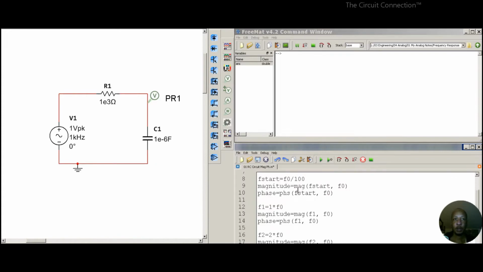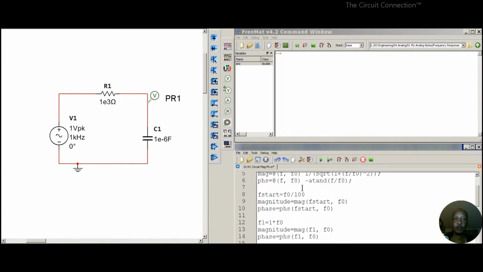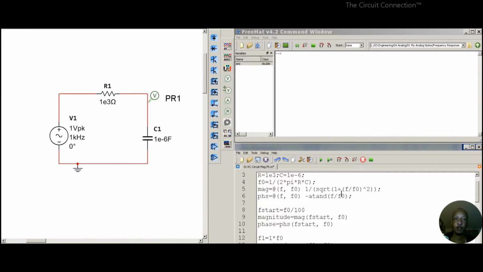Anyways, that'll be my f_start, f0 over 100. My magnitude will be according to this function, so that's a good reason to write a function. In FreeMat, you write a function by saying whatever your function name is, equals at, then you put parentheses, put your arguments in there, and then put the function expression.